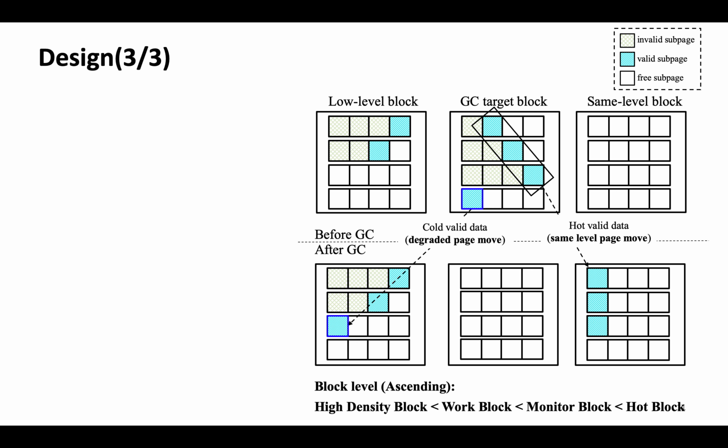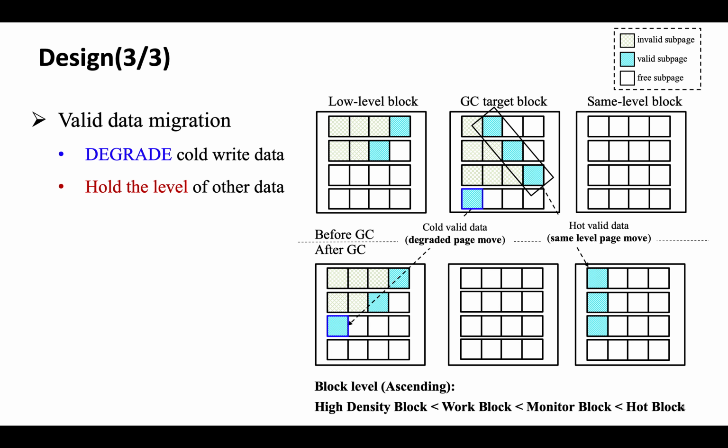After selecting the candidate block, the valid data should be migrated into another free block. There are two principles. First, the cold write data should be degraded. That means if the GC candidate is a work block, cold data should be ejected into high-density blocks. Cold data means the data are written only once in this page.